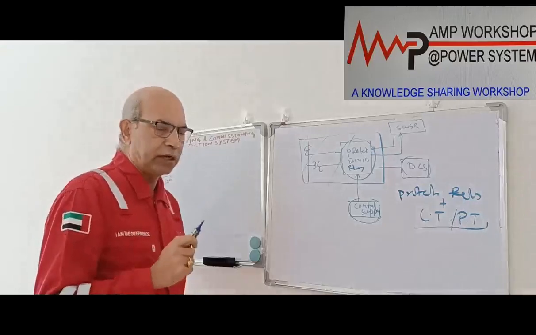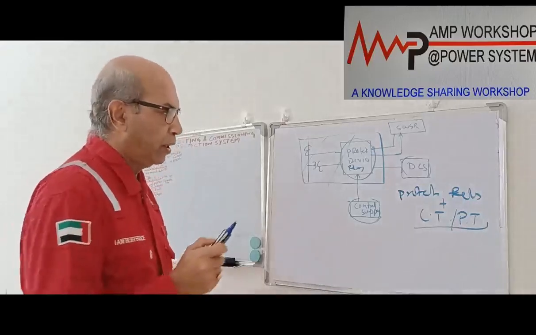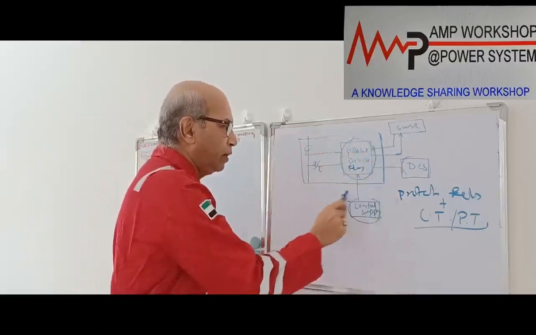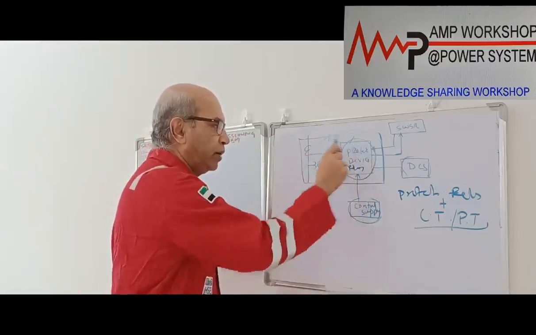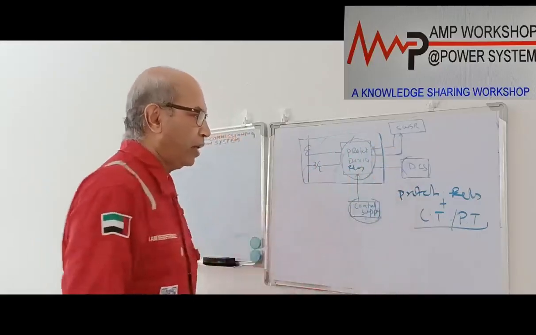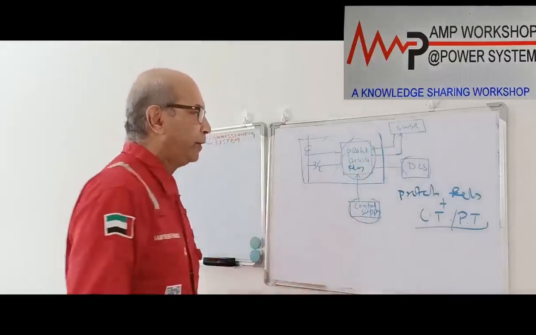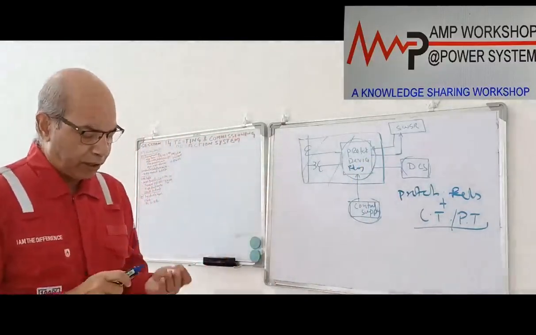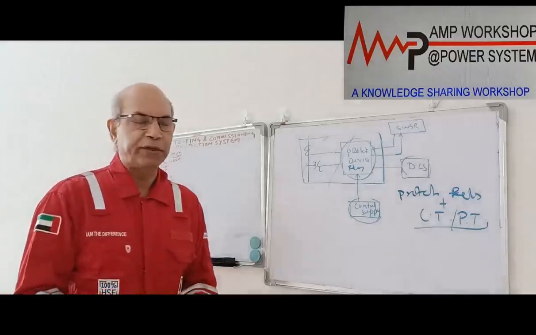But when we discuss protection system testing and commissioning, we will mainly be concerned with the protection device and the CT and PT. Other interfaces will not be considered, except the control supply. These are the protection system aspects we are going to discuss for testing, commissioning, post-commissioning, preventive maintenance, etc.